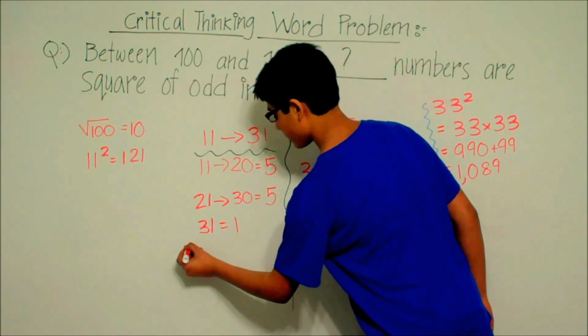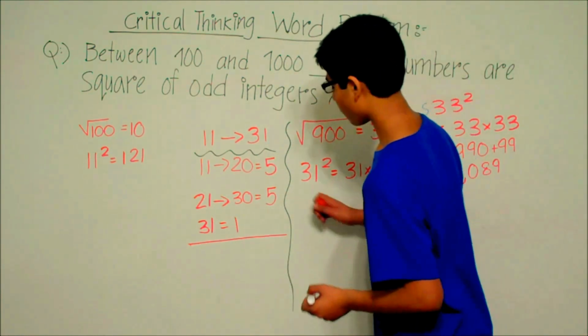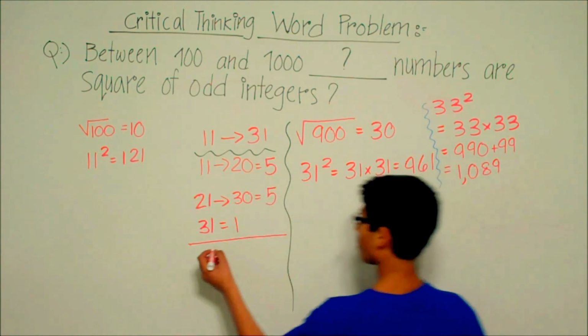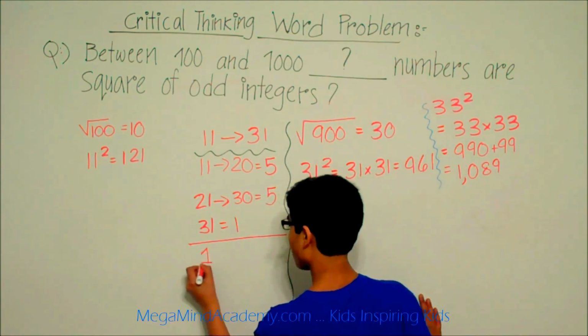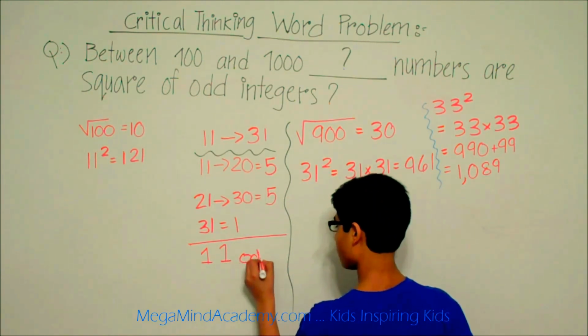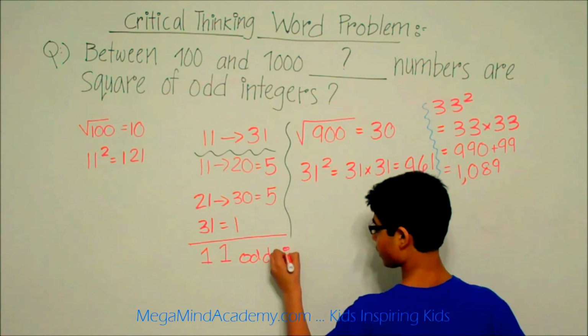So now let's find the number of odd integers. This is 5 plus 5 plus 1, which is equal to 11 odd integers.